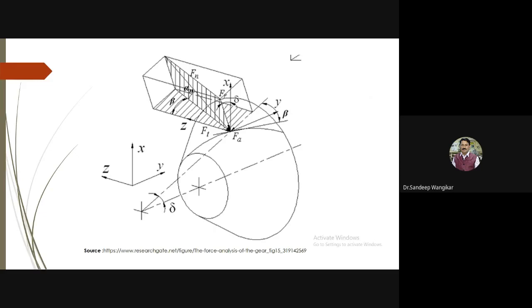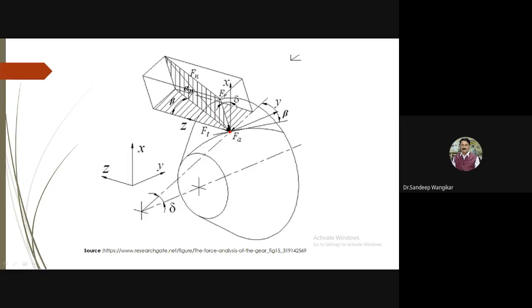The teeth are not shown in this diagram. Whatever the shape you see is the shape of the helical, and at the center point, not at the larger end, not at the smaller end, the resultant force is there, and the resultant force is divided into two main forces.